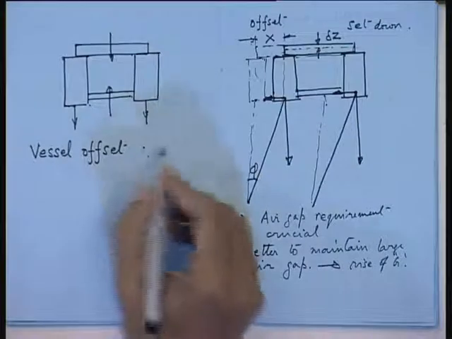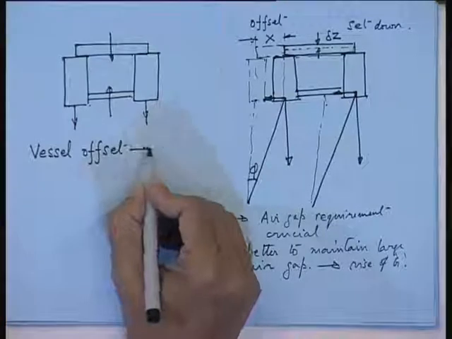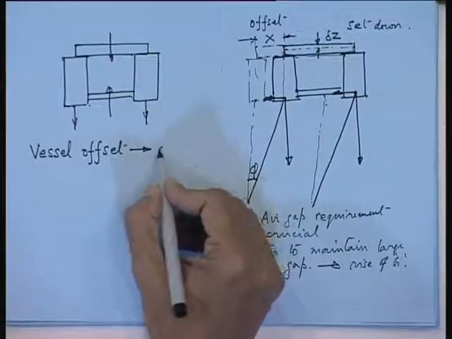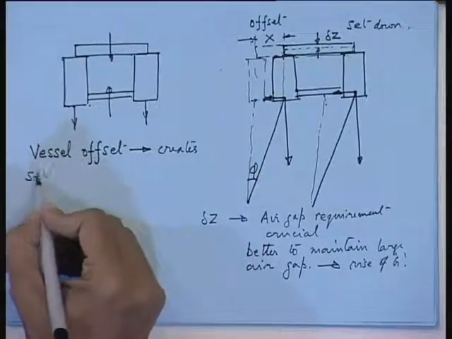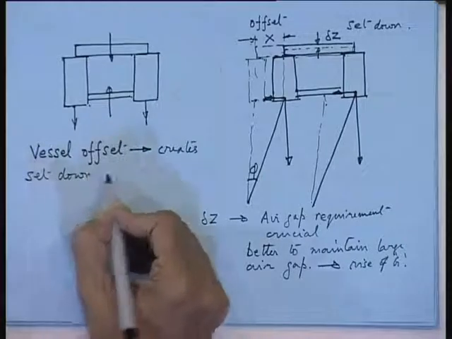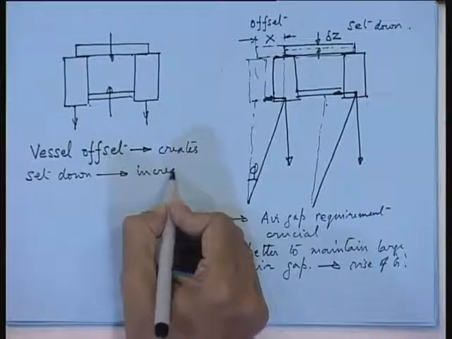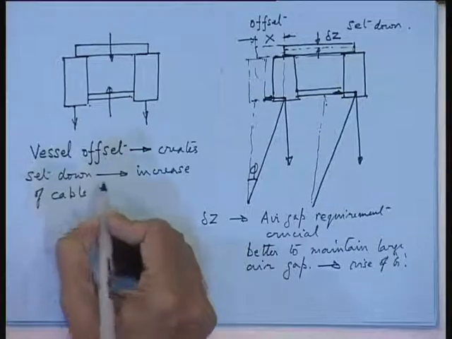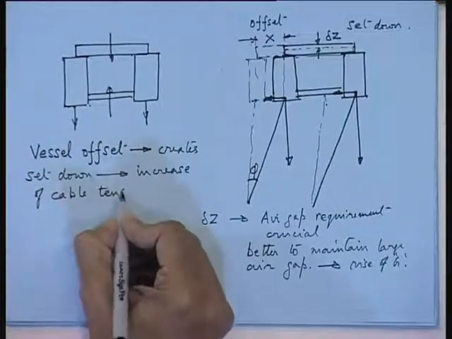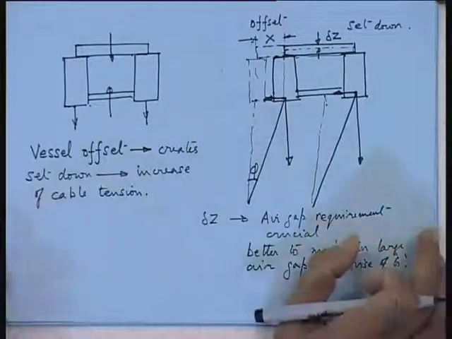So, everywhere you have to strike a compromise between all these parameters. Now, the vessel offset you will find creates set down. And as a result of this, what will happen? Increase of cable tension. So, this is another point in TLPs that will come because of set down: you are having increase of cable tension.